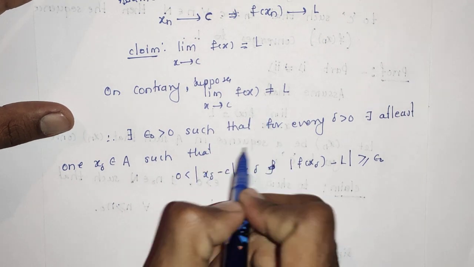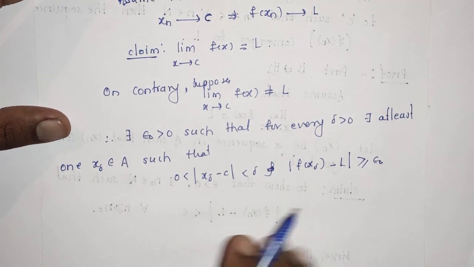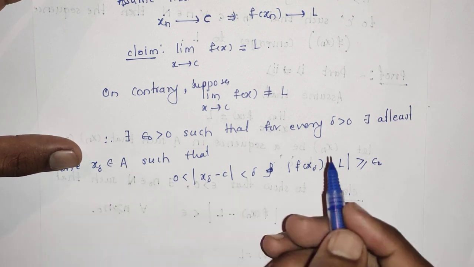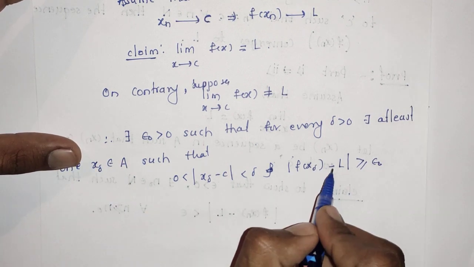This limit does not exist means this condition is not satisfied. That is, there is some element in A for which the image of that element is not close to L.